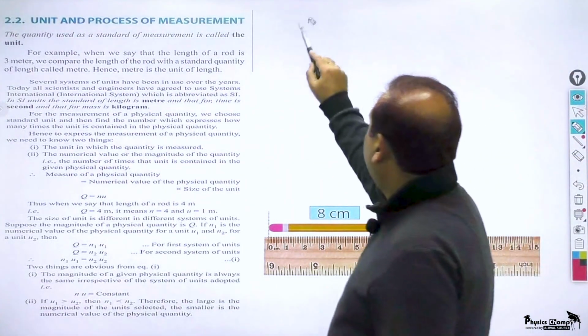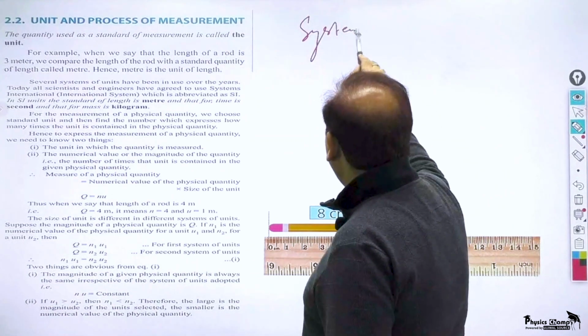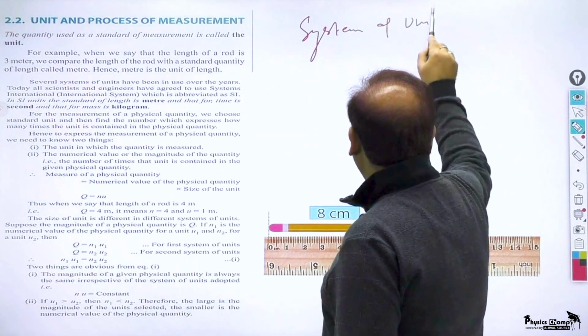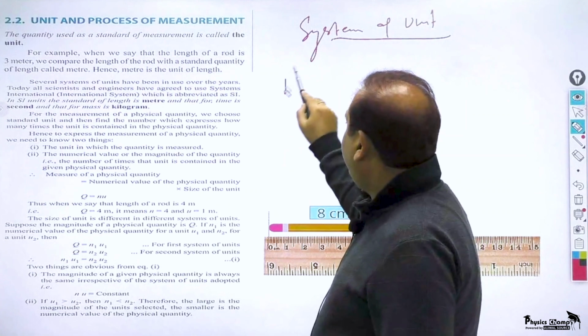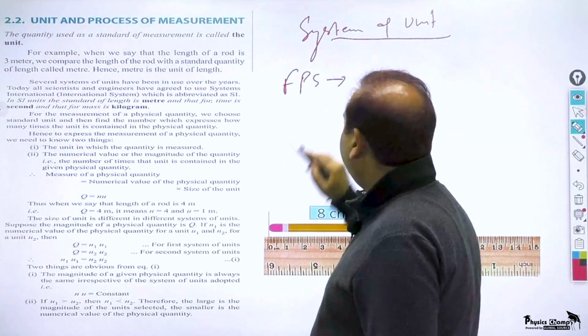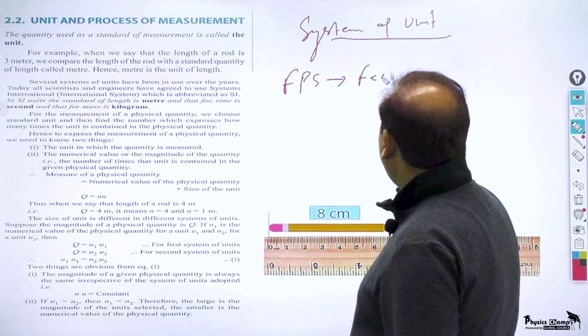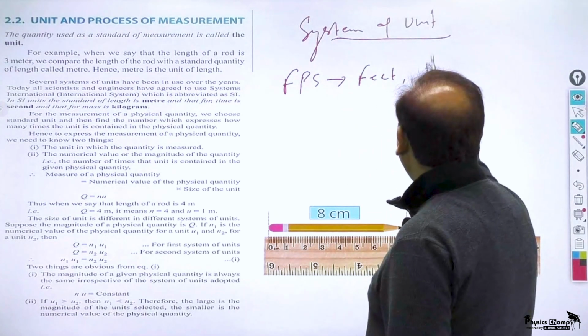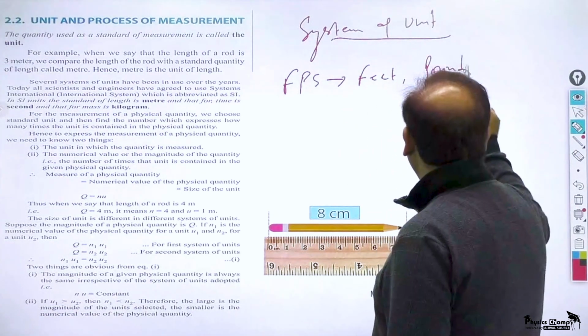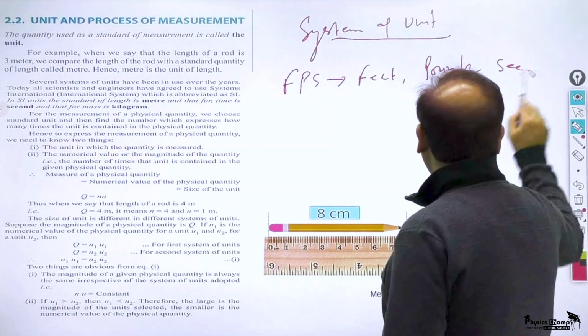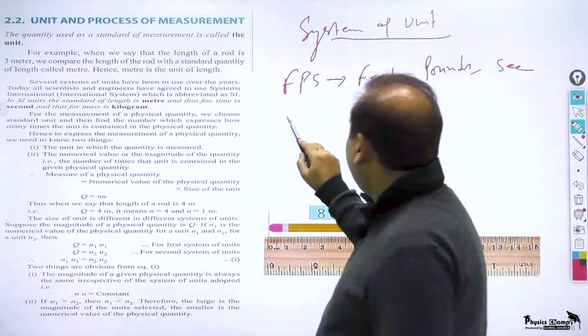Now here you must have sensed that we have different systems of units. If I talk about different systems of units, in the FPS system, the unit of length is feet, the unit of mass is pounds, and the unit of time is second. We have the CGS system.